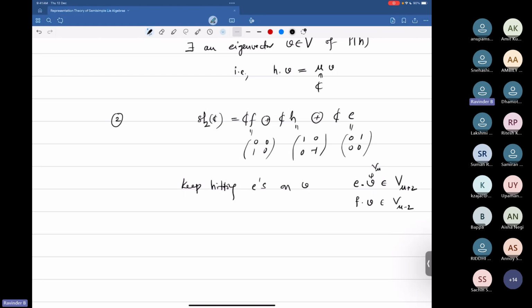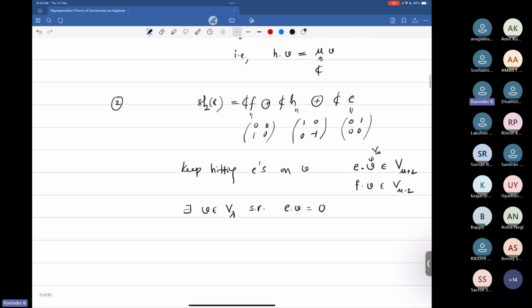Eigenvectors corresponding to distinct eigenvalues are linearly independent. If everywhere you get non-zero, you get infinitely many linearly independent vectors. You don't want that because you are in a finite dimensional setting.